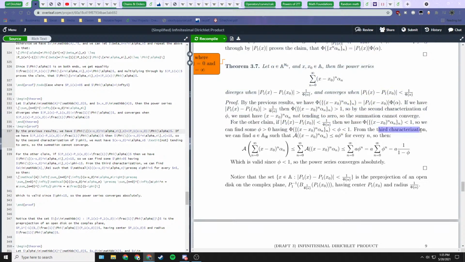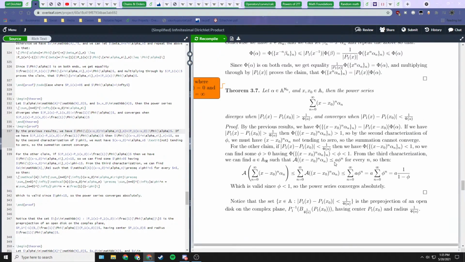Using the third characterization, we can find a bound on the terms, some coefficient times our exponential. So we can find a constant a such that the absolute value of all these terms, whatever this sequence is, we can bound by some constant a times phi to the power n.